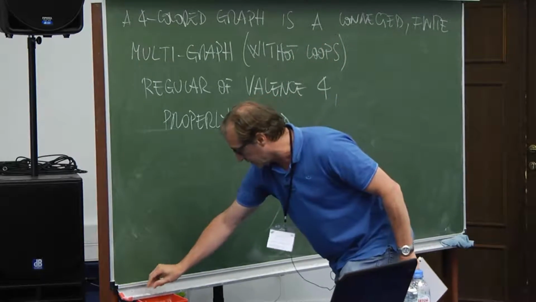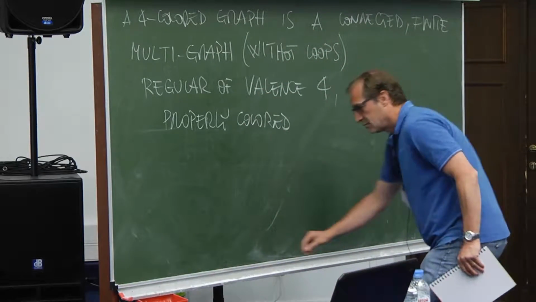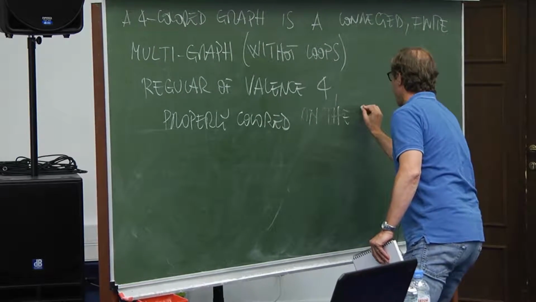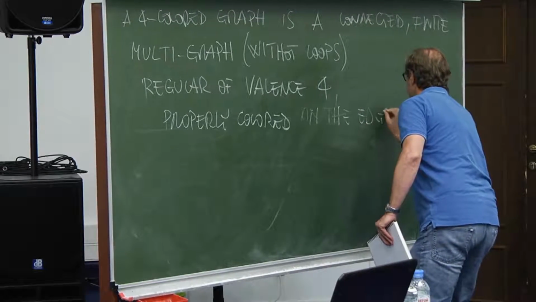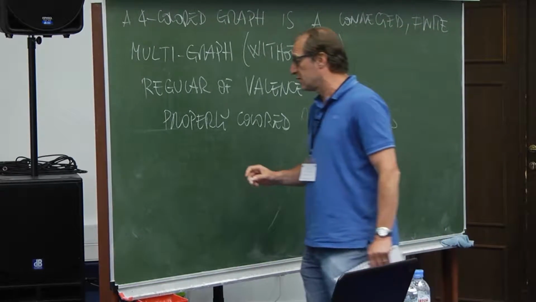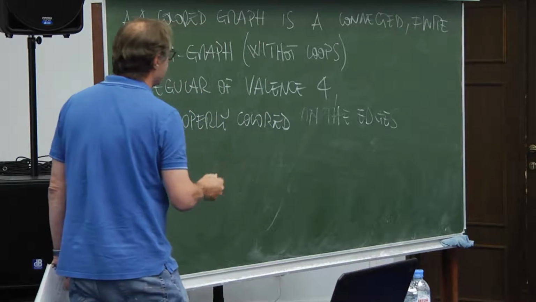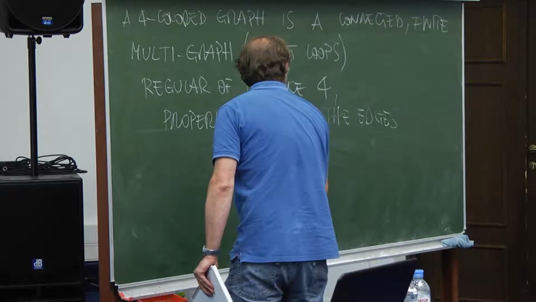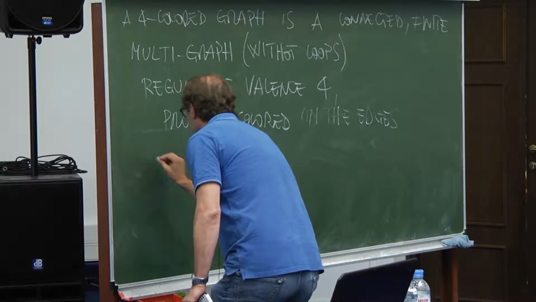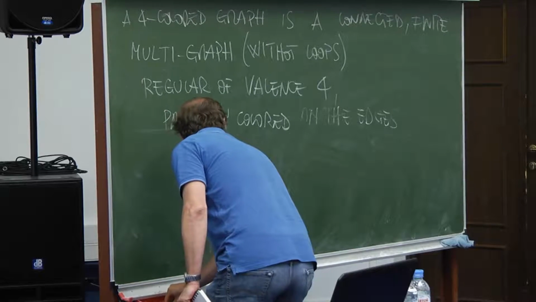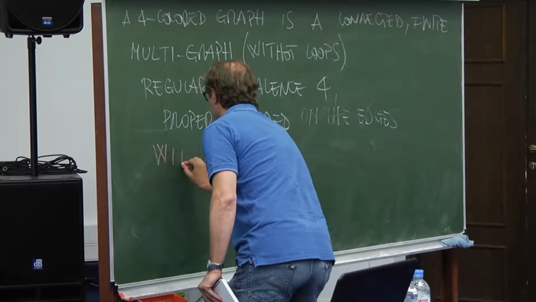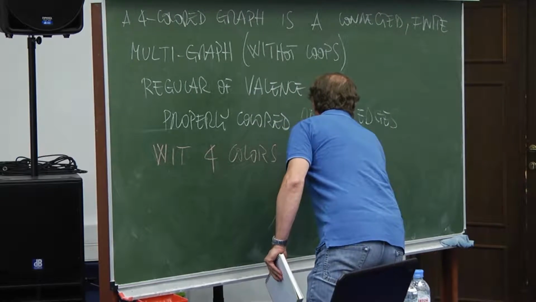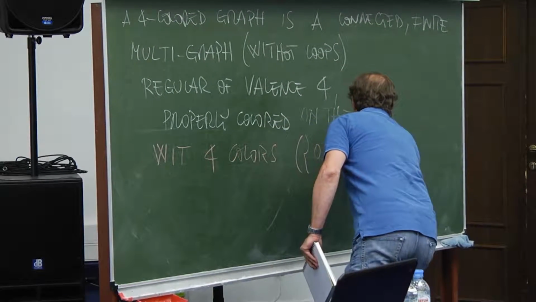Properly means on the edges. Properly means that two adjacent edges have different colors. It's clear from the slides. On the edges with exactly 4 colors, which we will call 0, 1, 2, 3 usually.